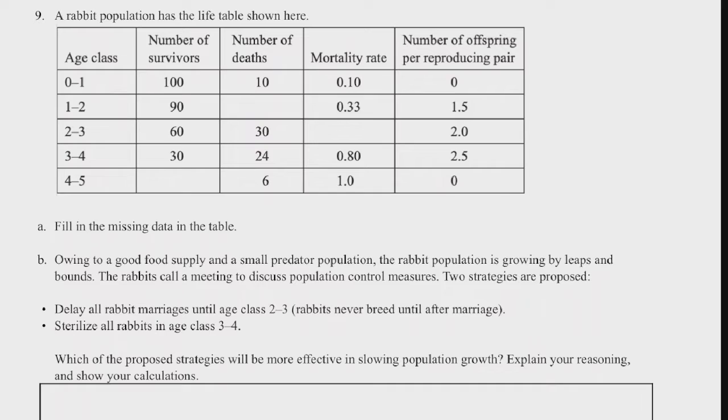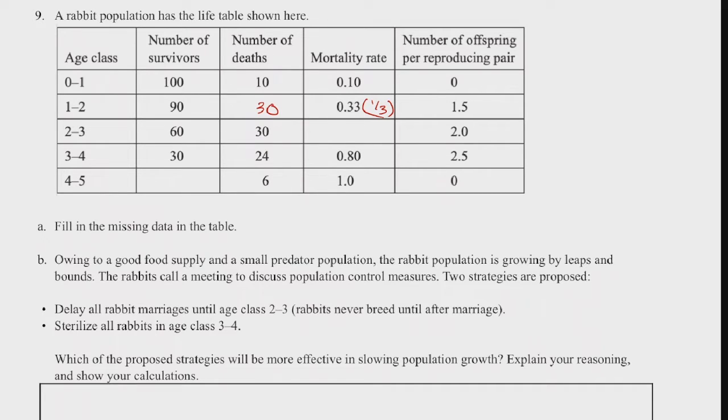And so using mortality rate, we can multiply that by the survivors to get the deaths. So if I multiply 0.33 by 90, which is approximately 1/3, I get 30 deaths.